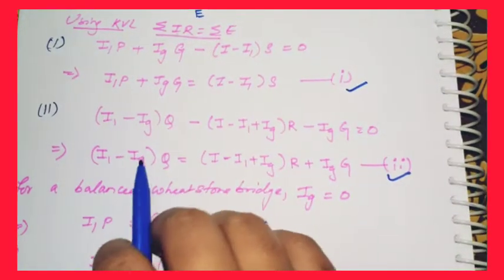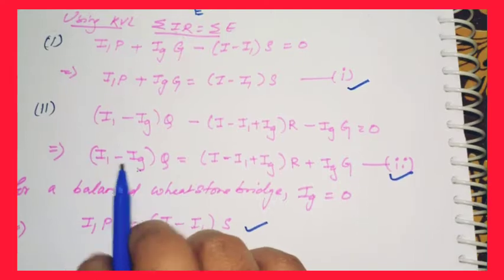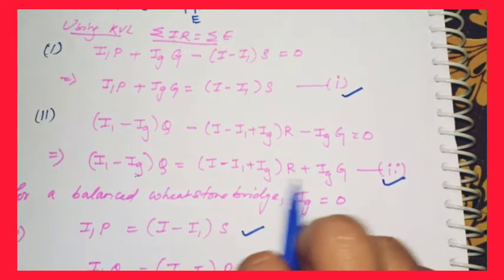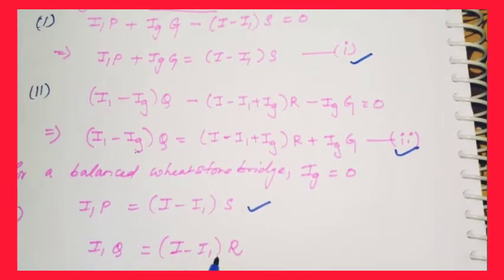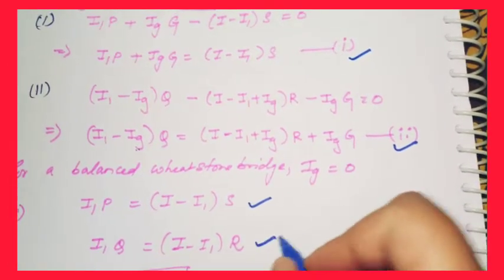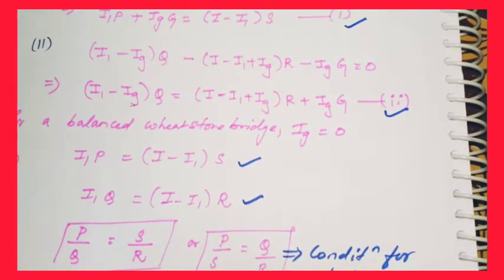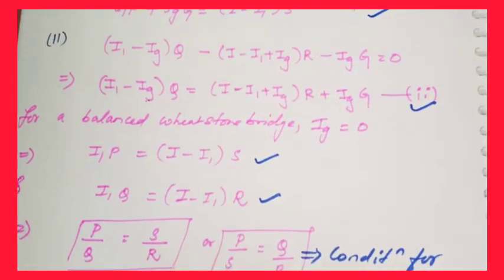For the second equation, if my Ig is 0, that is my Wheatstone bridge is balanced, then I have I1Q equals (I minus I1)R, because Ig is 0. So I have two equations when Ig equals 0, that is I1P equals (I minus I1)S, and I1Q equals (I minus I1)R.